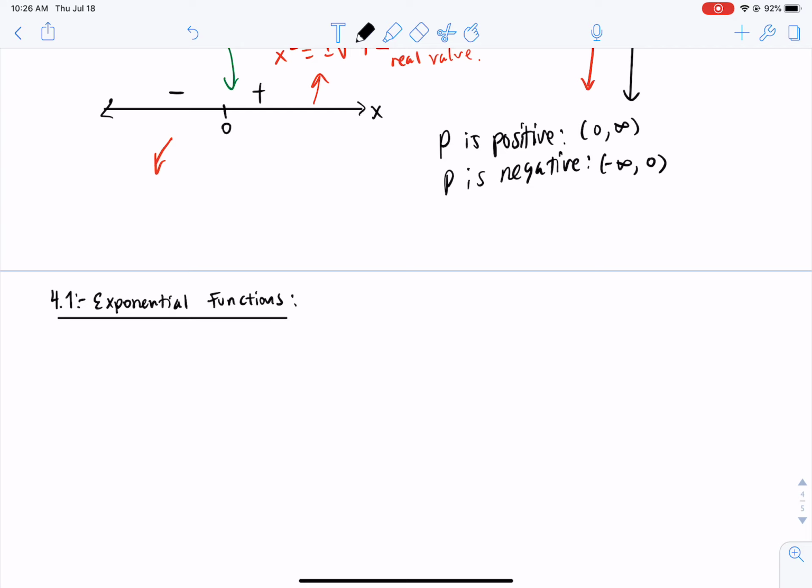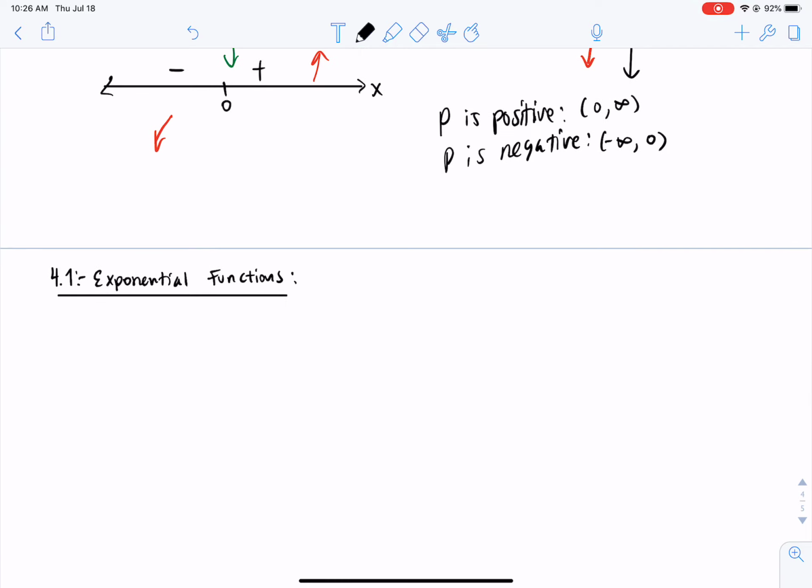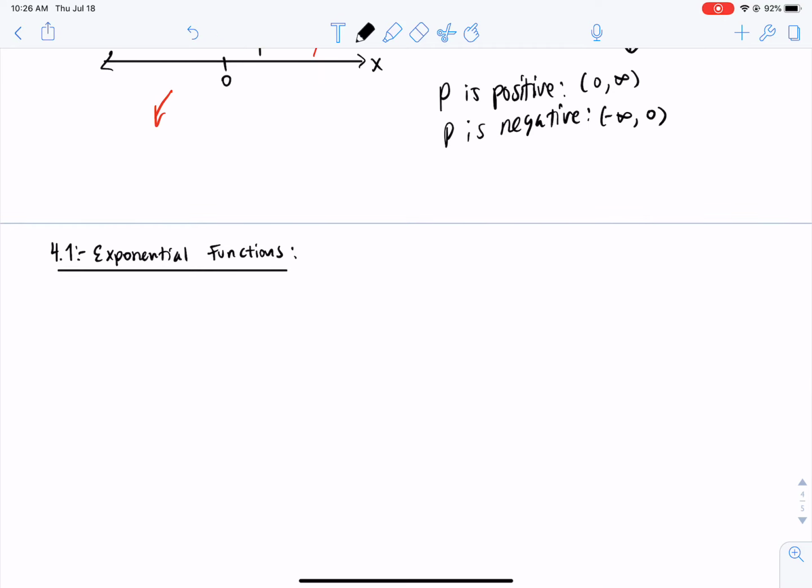Suppose that we are considering a form like 2 to the x, for example. Suppose that f of x is equal to 2 to the x.